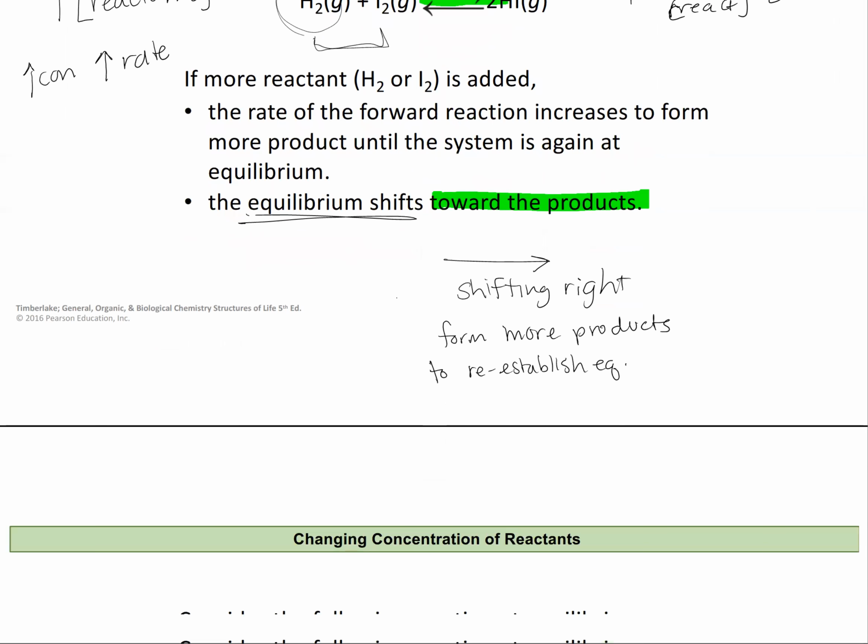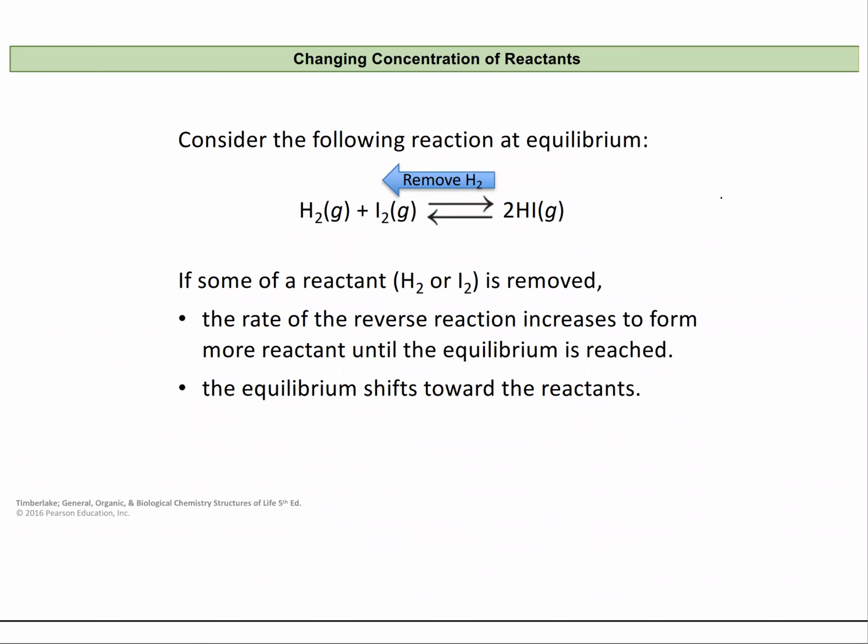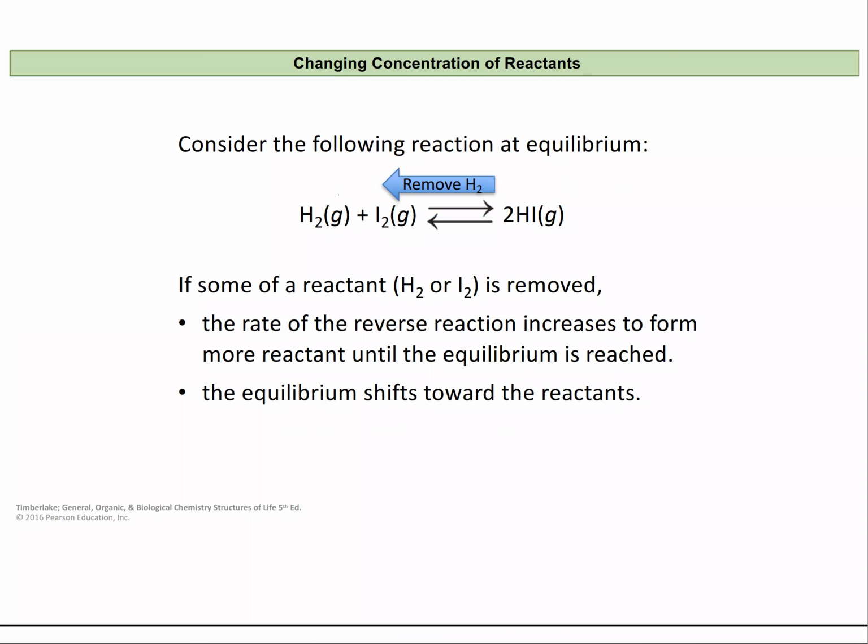So let's look at another change to concentration. Let's keep focusing on this hydrogen. What if we removed hydrogen? And so we saw that the concentration of hydrogen decreased. Well, now I've decreased my concentration of hydrogen. And if I decrease concentration, I decrease the rate. So that means the rate of this forward reaction is going to decrease.